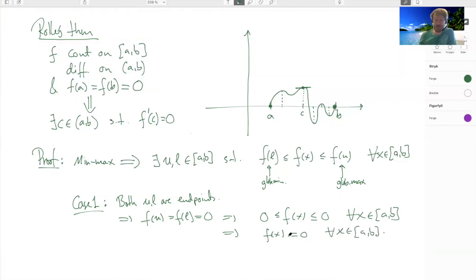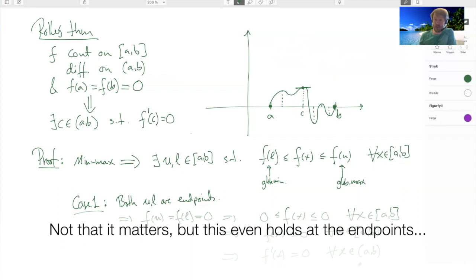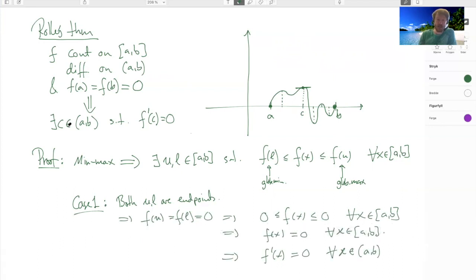But this means in particular that f is constant, so the derivative of f is 0 at all x in the open interval. And this means we're done in this case because we were required to prove that there exists at least one point in this interval so that the derivative is 0. And we have proved here that the derivative is 0 at all points in the interval. So here we're really done.